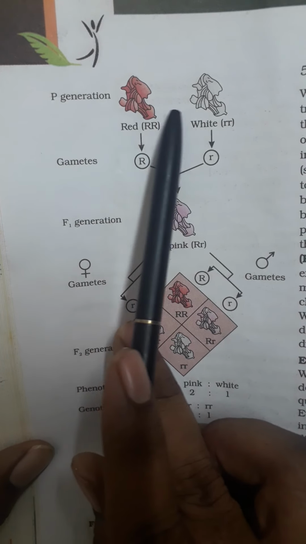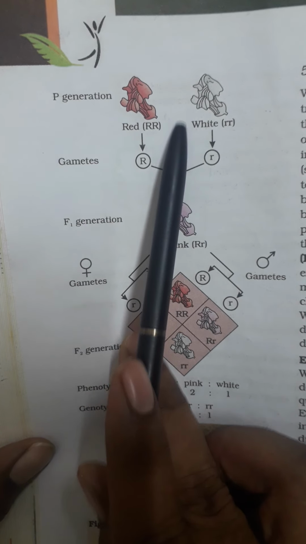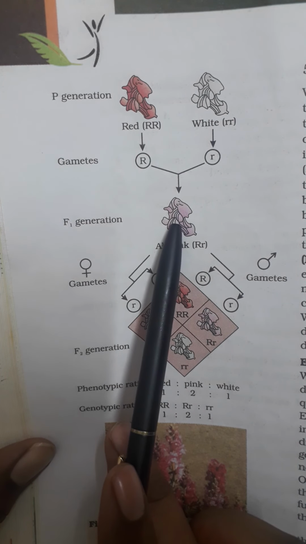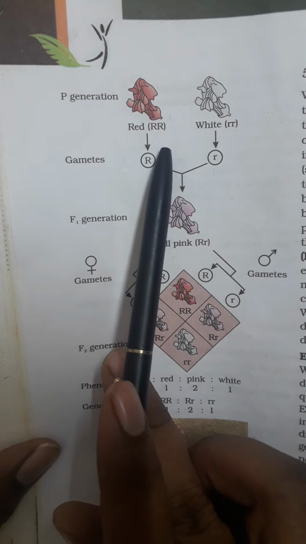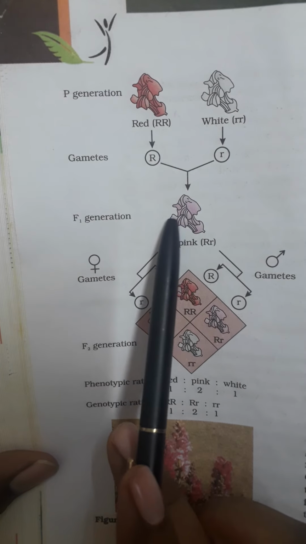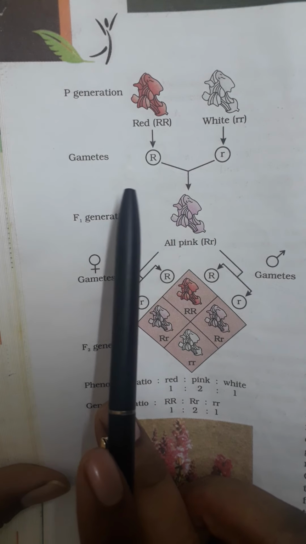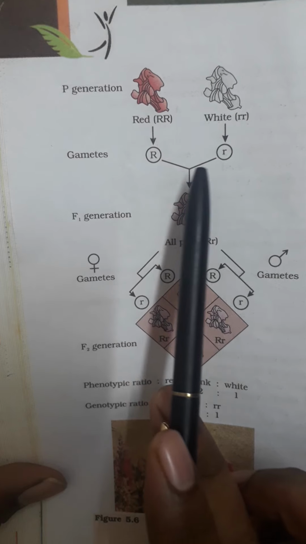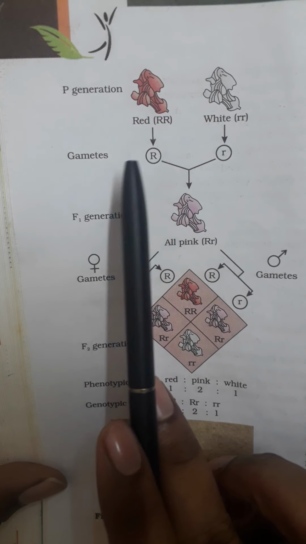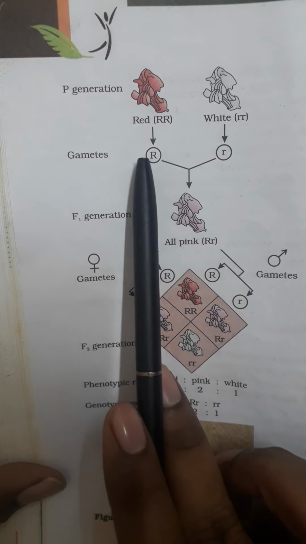Here the parental characters are not expressed in the F1 generation. Blending takes place, whereas in pea plant blending doesn't take place; one of the parental characters is expressed.